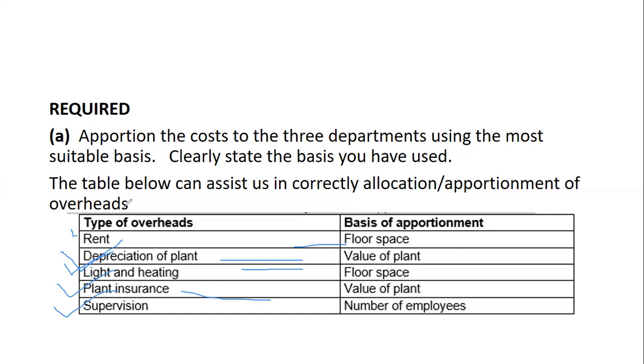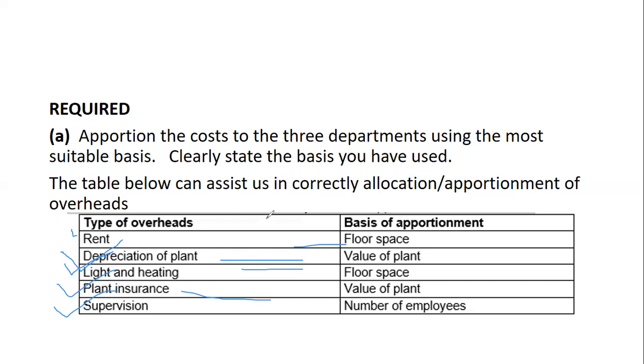It depends on the question. Sometimes the question will tell you how the overhead expenses are to be apportioned between the service and the production departments. You might be told that rent is apportioned based on the floor space and supervision is apportioned based on the number of employees.